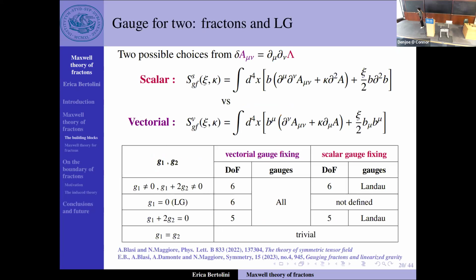So, the first thing is a curiosity. One can study the gauge structure of a theory, looking for the degrees of freedom, propagators and gauge fixing. And this theory is also peculiar from this point of view because, following the standard theoretical procedure, by looking at the gauge parameter, which is scalar, one should build a gauge fixing term, which is a scalar gauge fixing term.